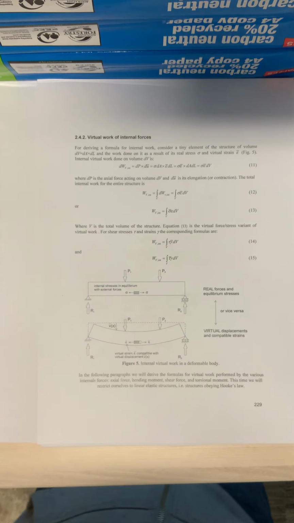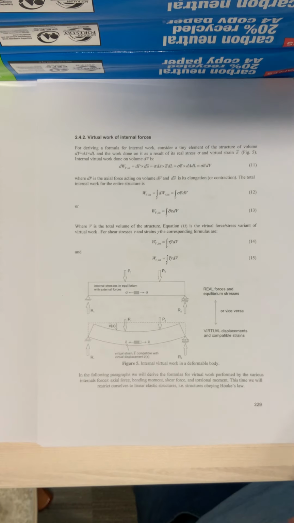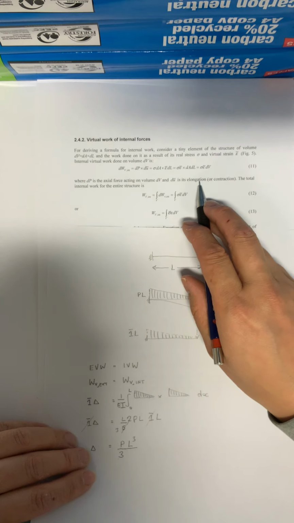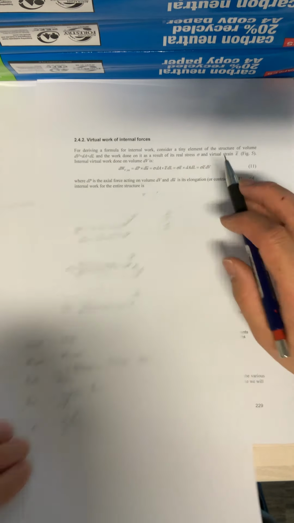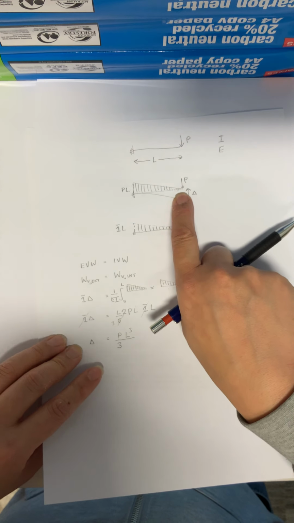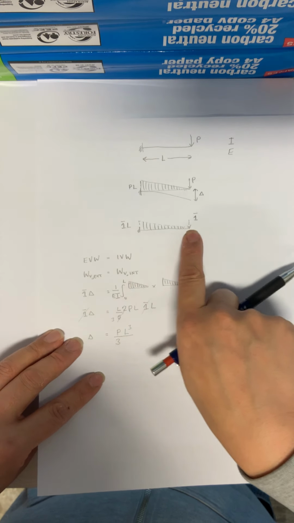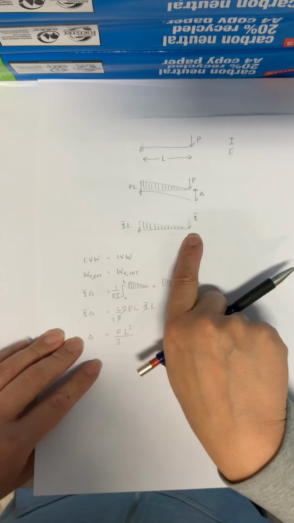So in the case of here, we've got the real case, which is here, and the virtual or the imaginary case, where the imaginary case is consistent with the boundary conditions.